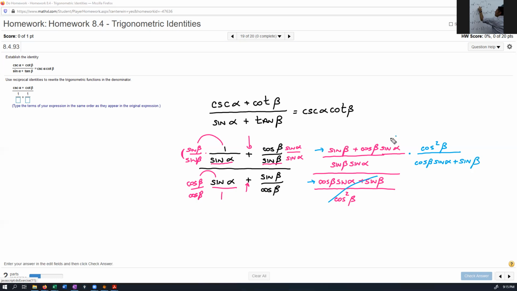And that should cancel with this exactly, which leaves me now with this piece and this piece. So I have cosine squared beta over sine beta sine alpha. Something ain't right.